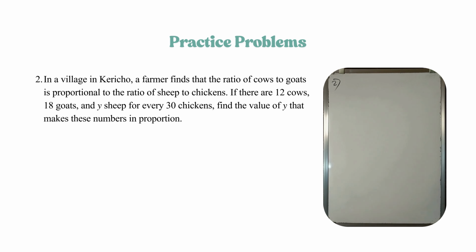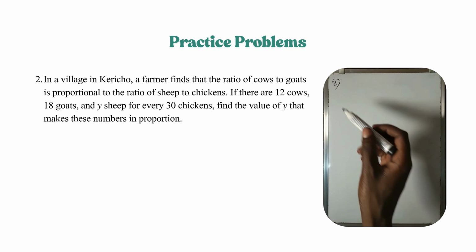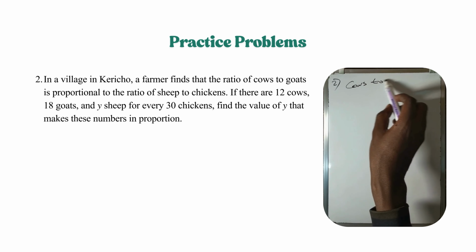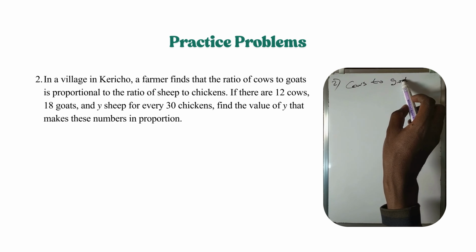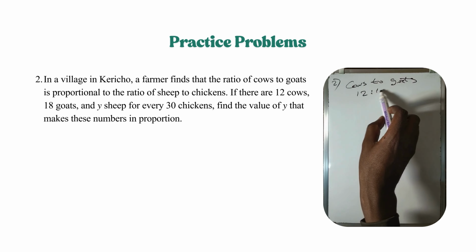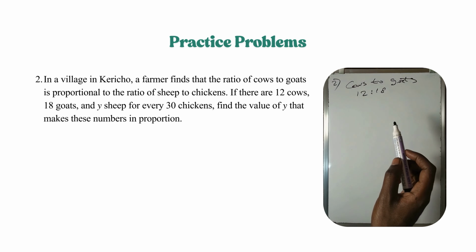So here we have the ratio of cows to goats. Cows to goats is 12 to 18.